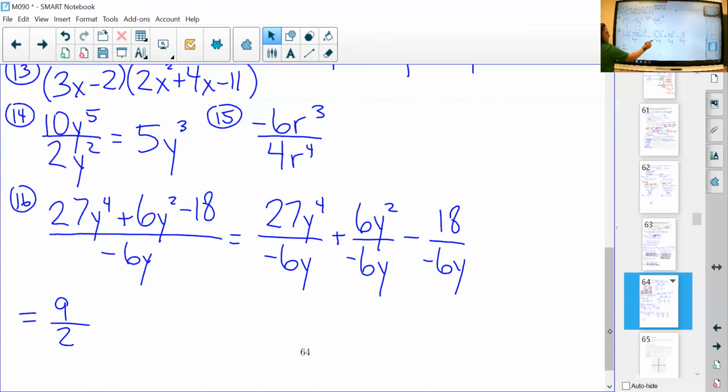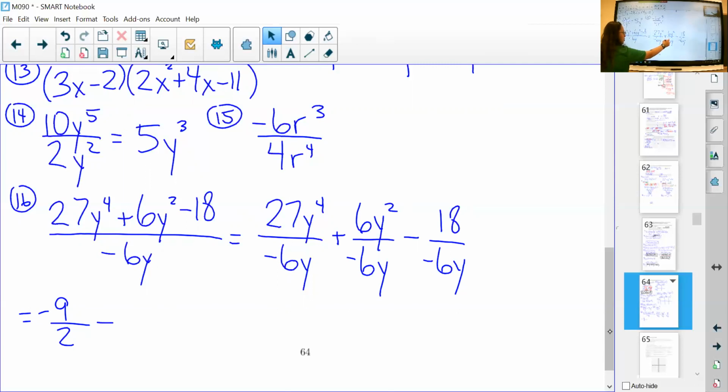I'll take my negative sign from down here and put it by the 9. I could also put it just in front of the 9 halves. Technically, I could leave it in the denominator. It just looks a little funny that way. We've got a positive divided by a negative, so that's minus.